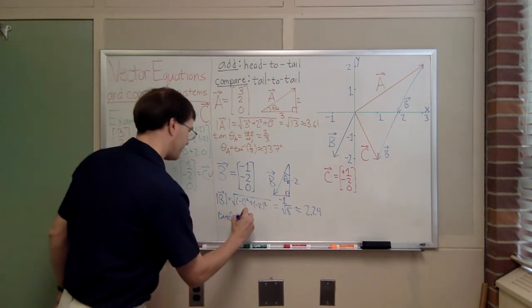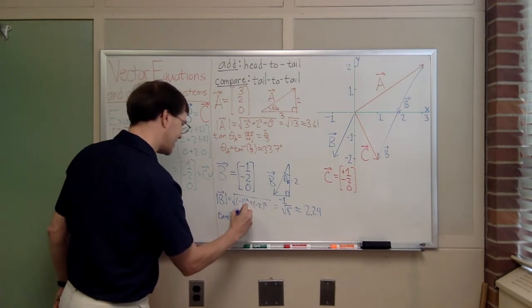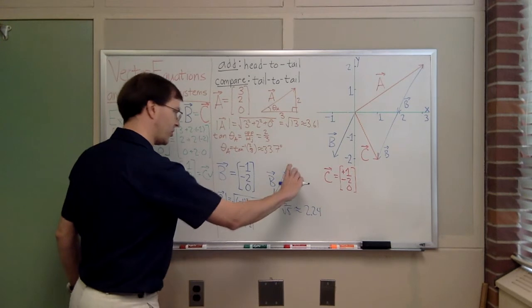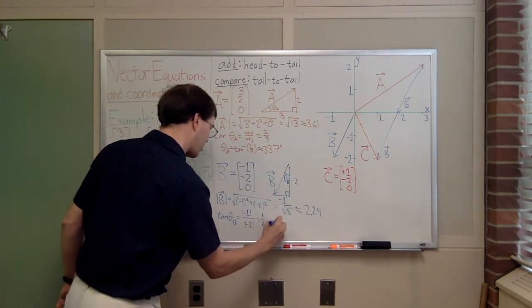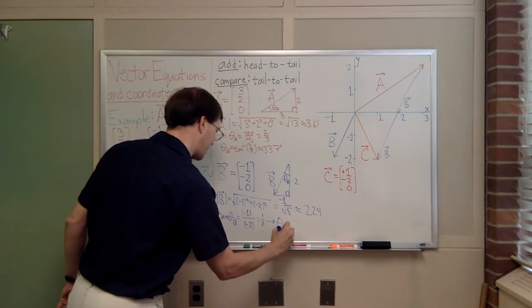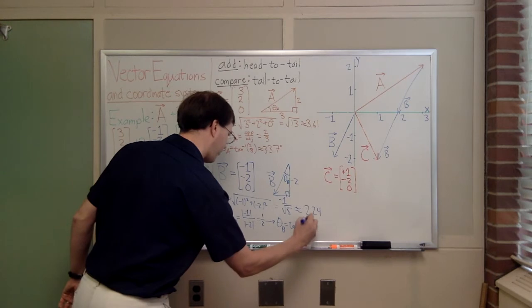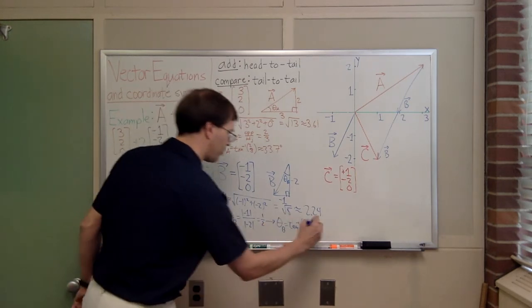So my opposite side length is the absolute value of -1, divided by the absolute value of -2, the length of the adjacent side. So that's just 1/2. So I can solve to find that theta B is the inverse tangent of 1/2, which is about 26.6 degrees.